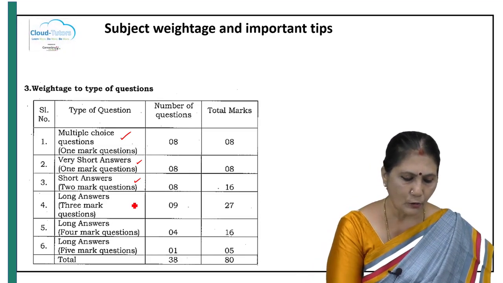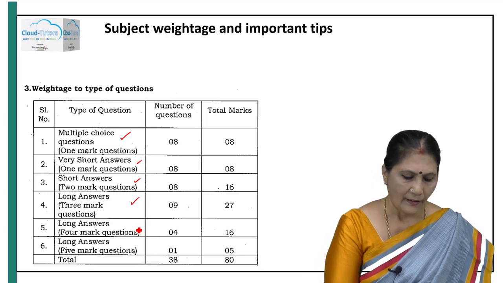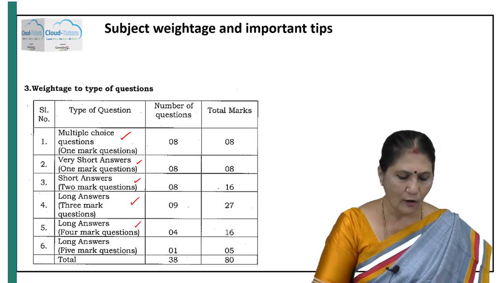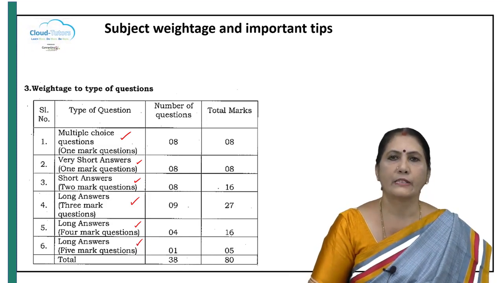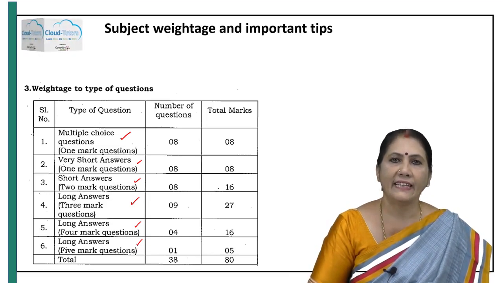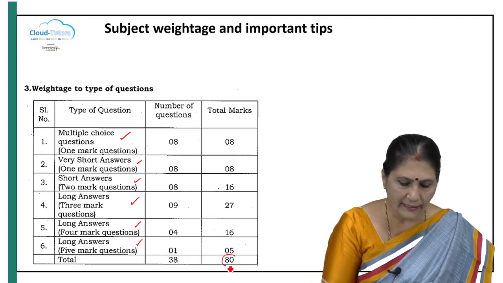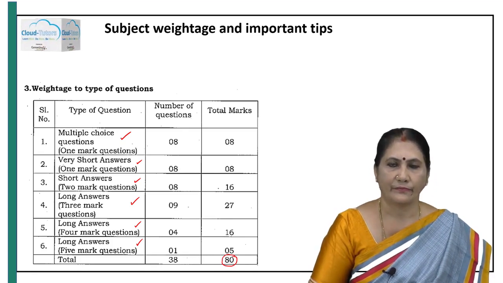They can ask you long answers for 3 mark questions, and for 4 marks again a long answer, and finally we have 5 mark questions which come as detailed answers. Now the total marks, you can all see, is 80.